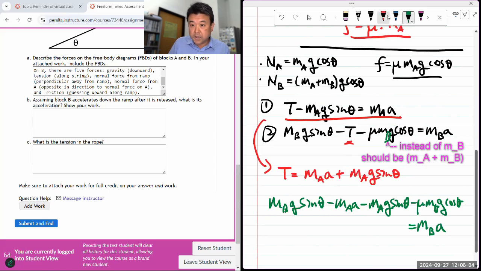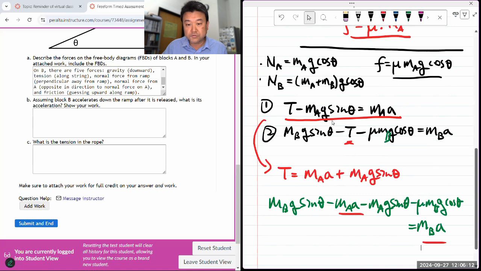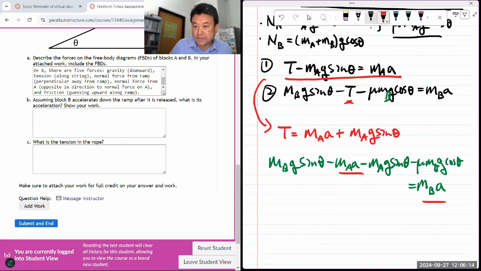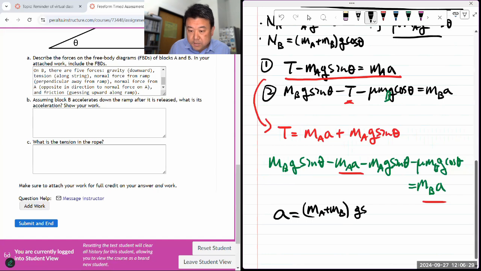So I collect like terms, the one that depends on a on the right hand side, and then solve for a. I'm going to do that in my head in the interest of time. Doing that in my head, I get a is equal to everything on the left hand side that was on the left hand side, just added together. That's going to be (m_B minus m_A) times g sine theta. That's these two terms.